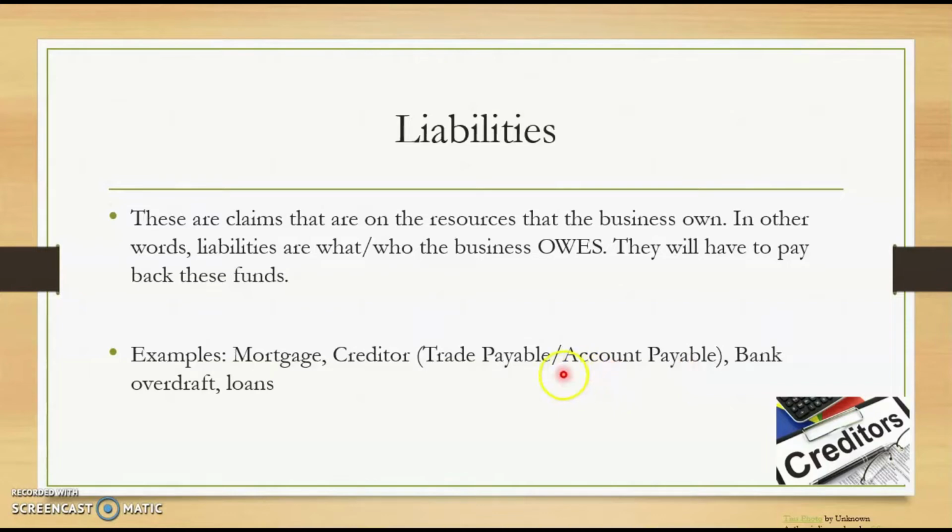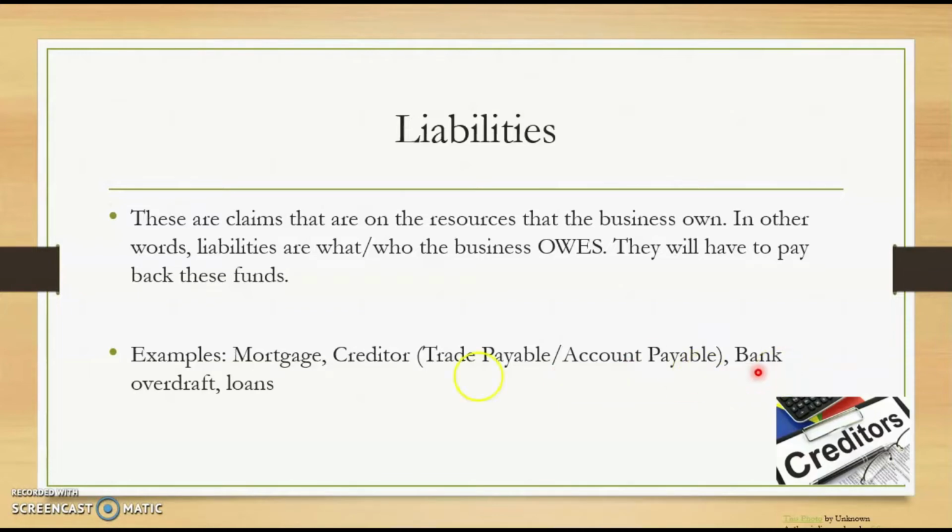So you will have to pay them for the goods that you took from them on credit. So again, if K. Saunders goes out and gets goods from, let's say, a hardware and they did not pay the hardware for the goods, the hardware now becomes their creditor, because they now owe that hardware.